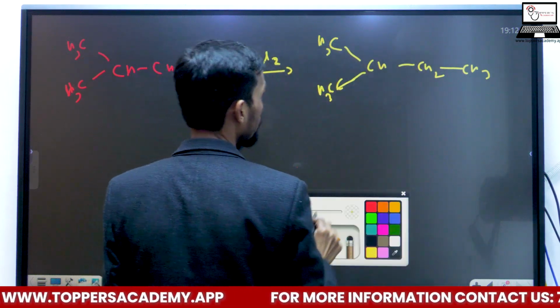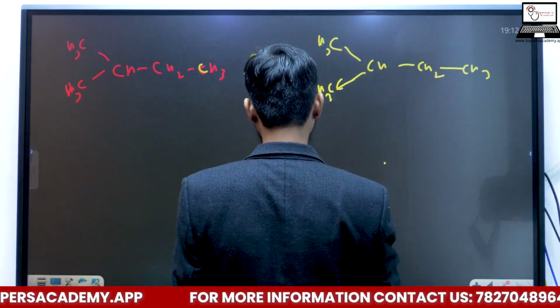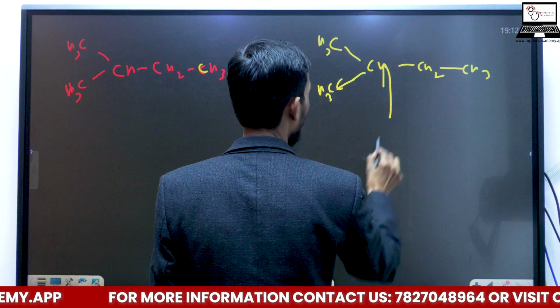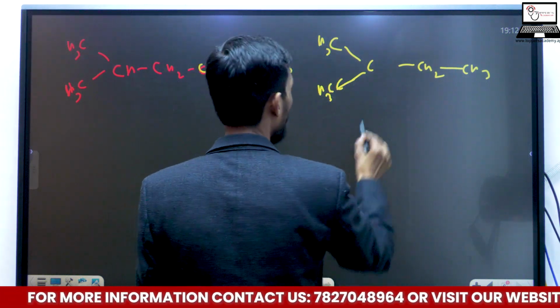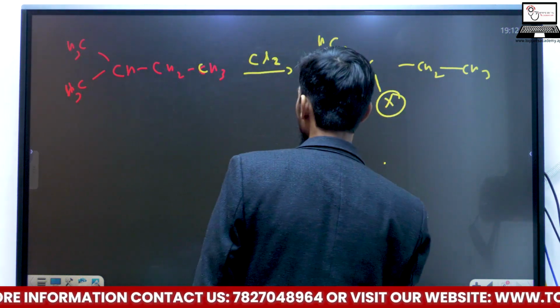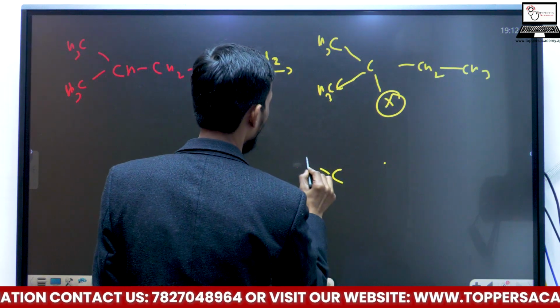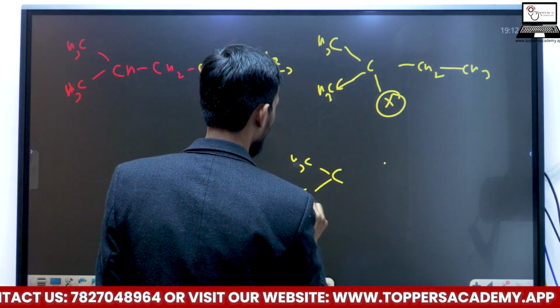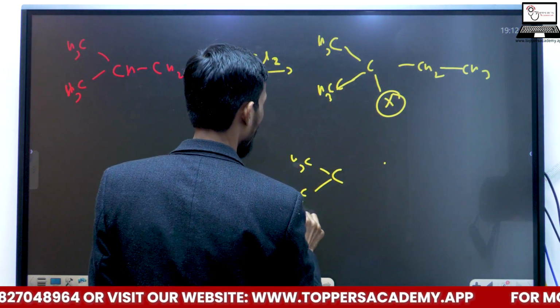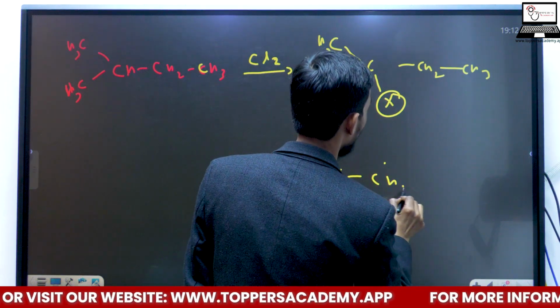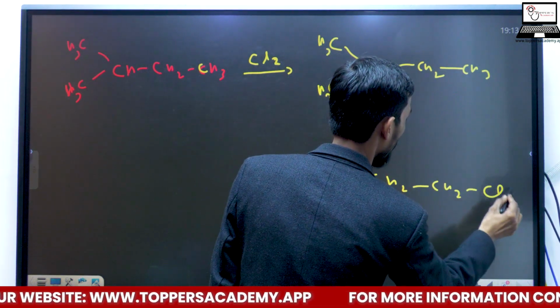So we are expecting this H should be removed from here and here the halogen X is attached, and the other will be CH3 single bond CH2 single bond CH2 Cl.